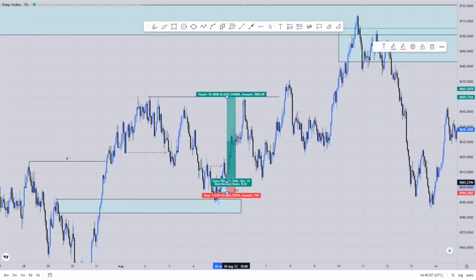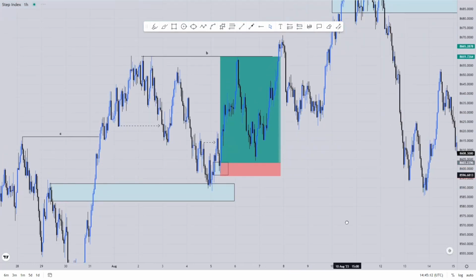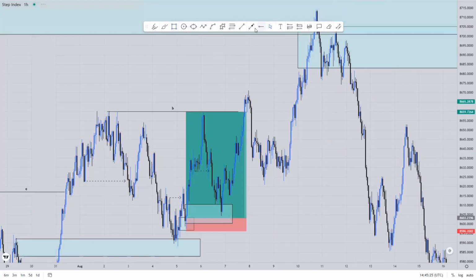Right. So even as they were going, they continued giving other opportunities. They came here, they induced again. After inducing, they tapped this demand, which was another buy entry. So they kept on going, induced here, broke structure up there.